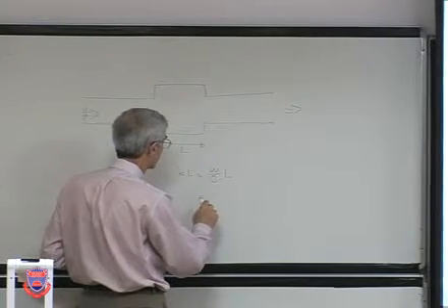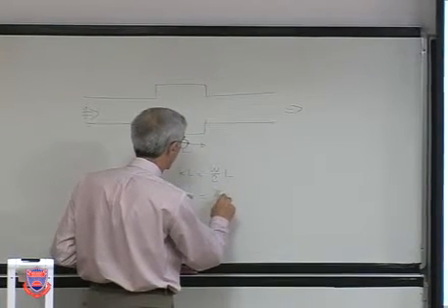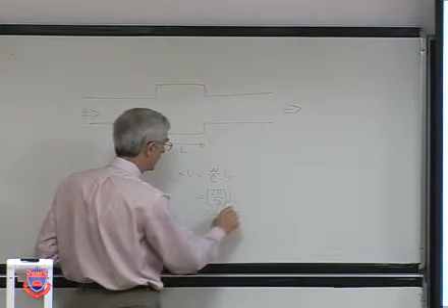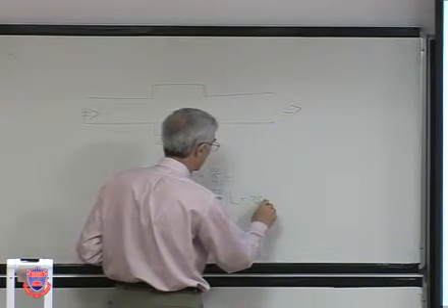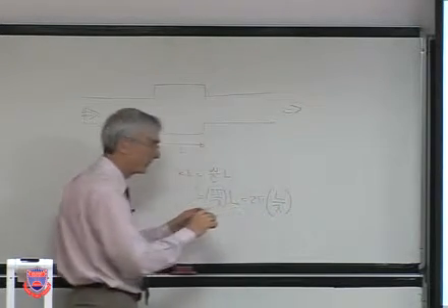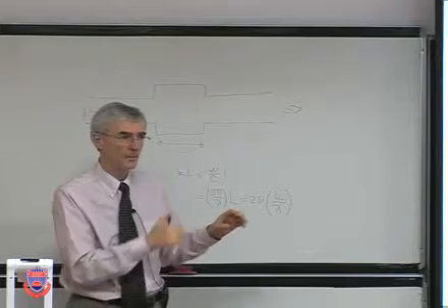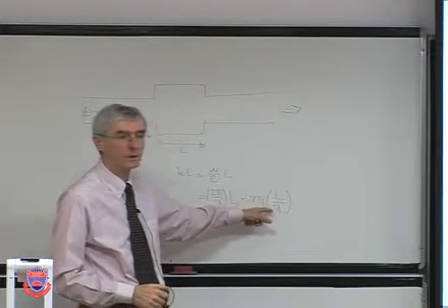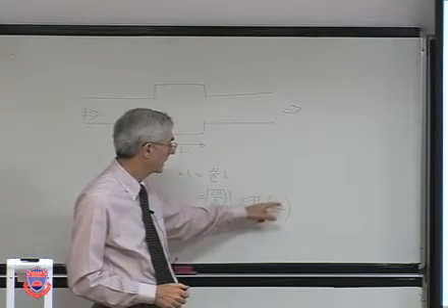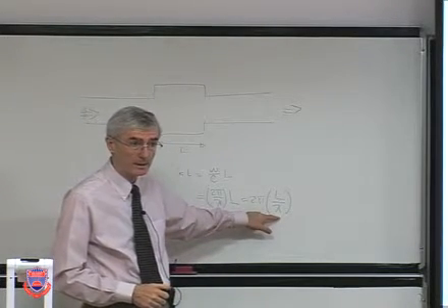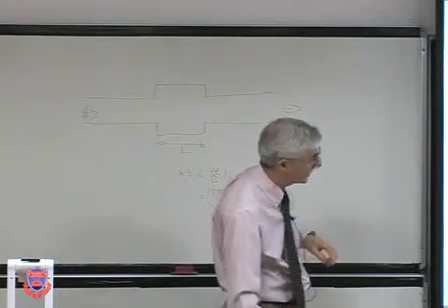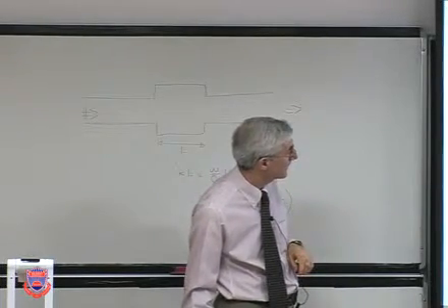And let me just go further, 2 pi over lambda. This is also k. And if I write it now, you see an interesting non-dimensional value, length versus wavelength. This is going to be important as we go along, okay?